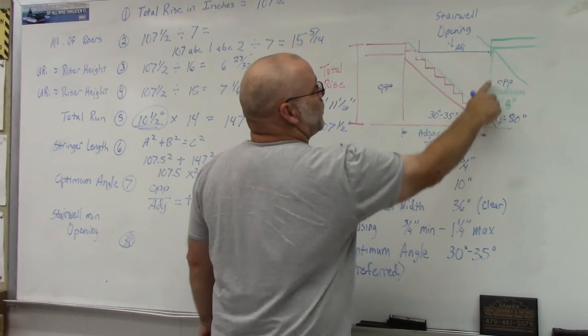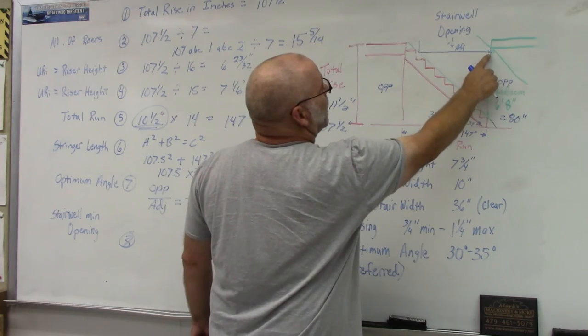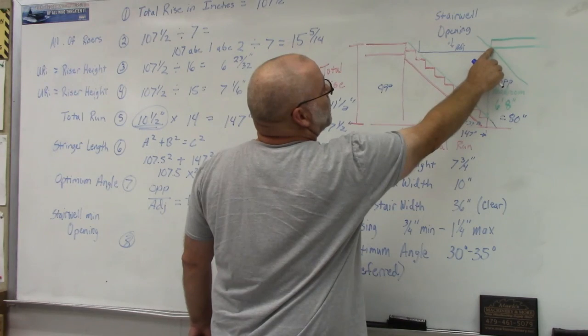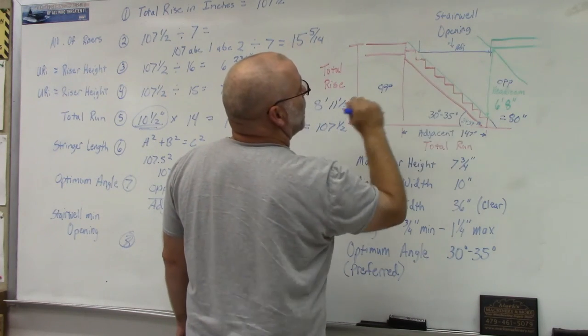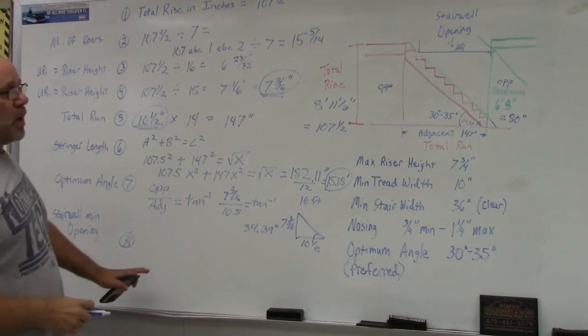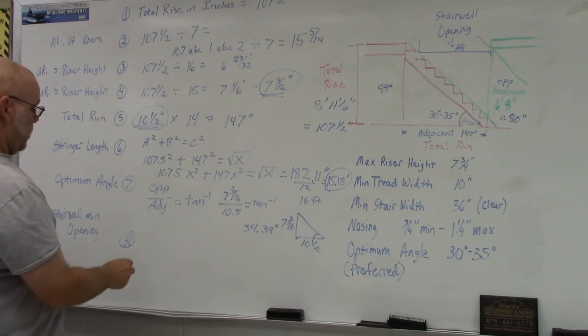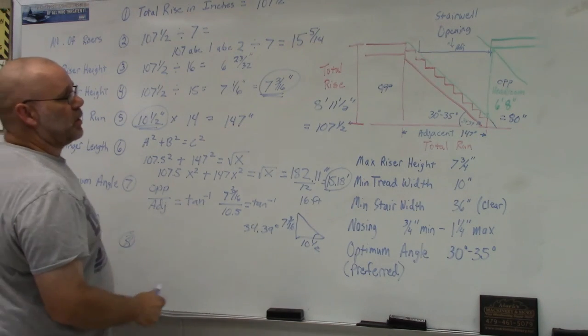That's the headroom right there. So we're trying to find the stairwell opening from the end of this opening to the line that runs across the nosing. So we're going to use the same equation that we used in the previous equation. So opposite over adjacent, inverse tangent.